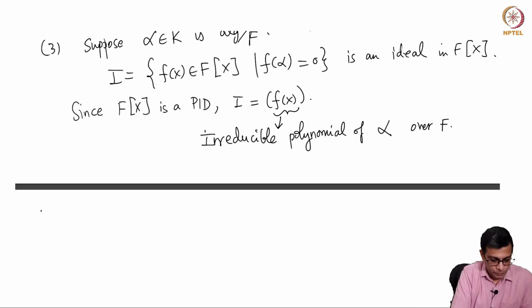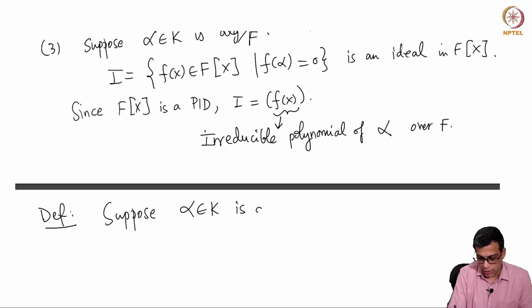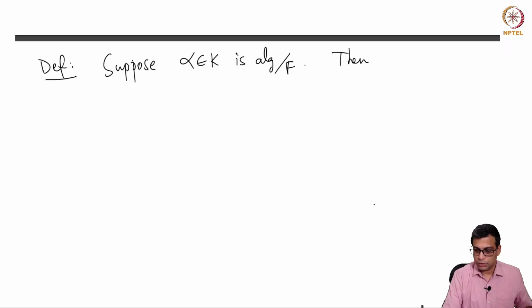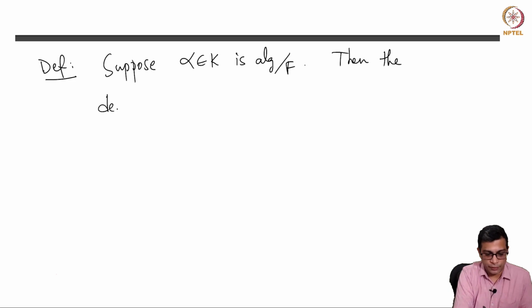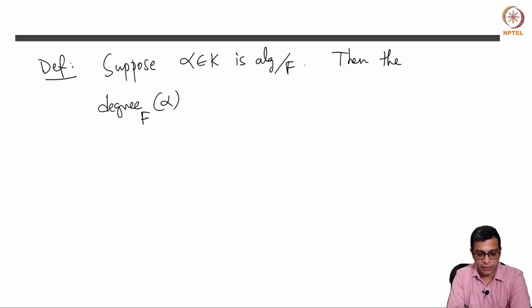And a definition, degree. Suppose alpha in K is algebraic over F, then the degree of alpha, I am going to denote it degree sub F. Okay, so maybe I'll first write it in words.